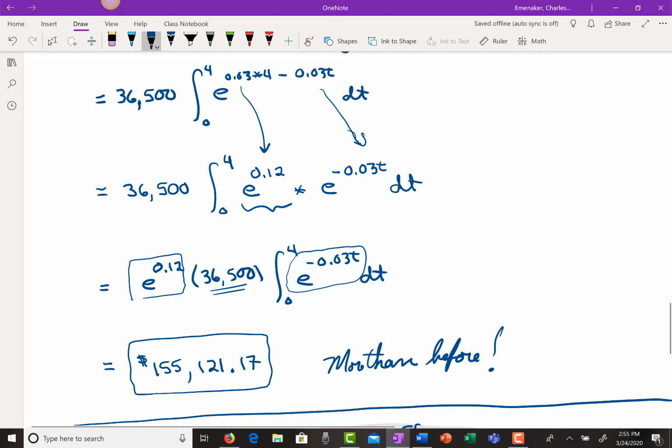And hey, what's this? 36,500 outside, or if we wanted, it would be completely legit to move that right there. I left it out front because typically we factor constants out.